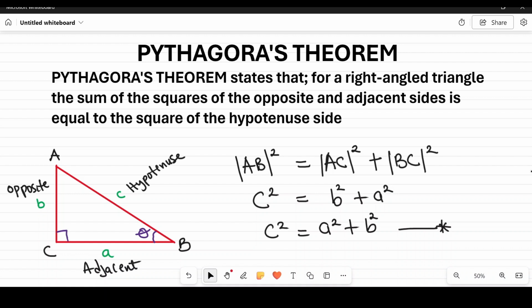Now, this theorem is useful when faced with a problem involving the sides of a right angle triangle. We can use the Pythagoras Theorem to find any missing side of a right angle triangle with the formula. With this, it will be a useful formula as we proceed in the study of trigonometry.